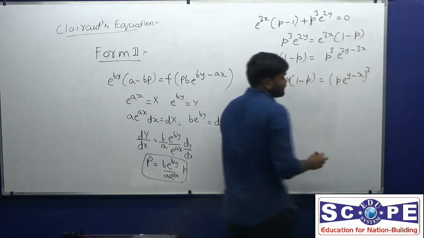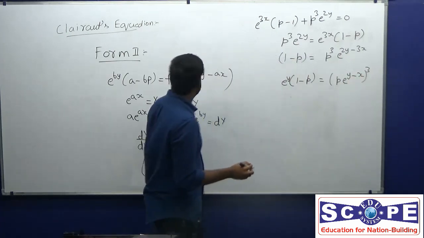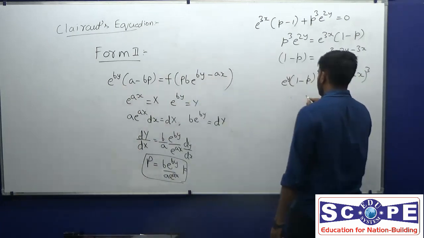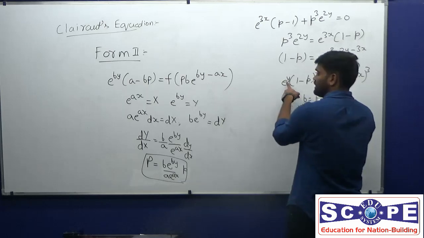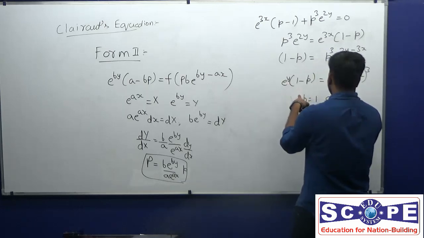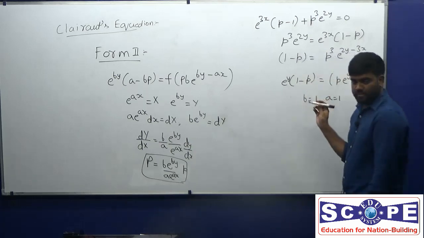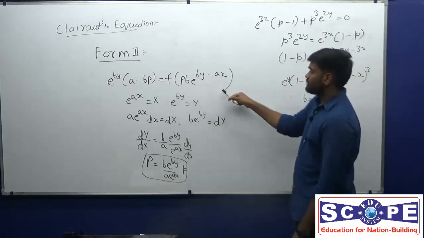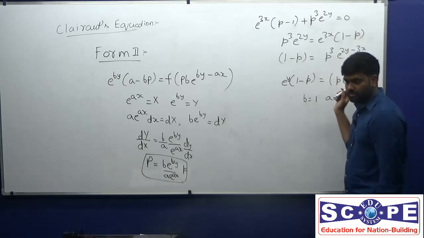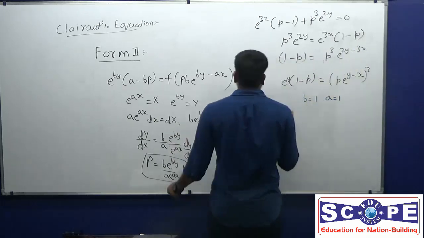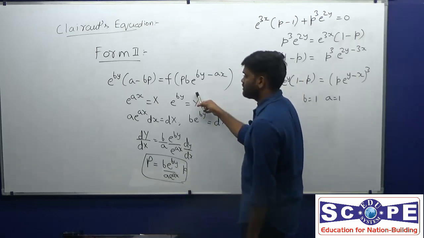Am I right? So if you observe this equation, you will simply get b as 1, a as 1, and the rest of the equation is the same. As we said, this is a function of this one, we have the function as the cube term, right? So here we already got this equation in this form.